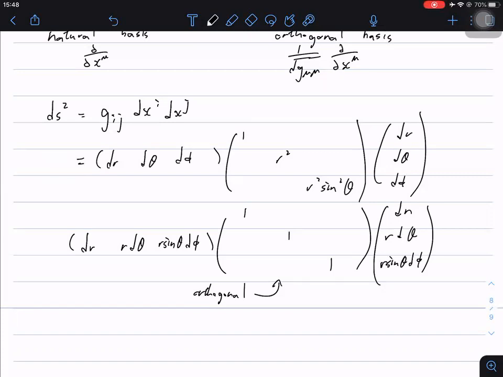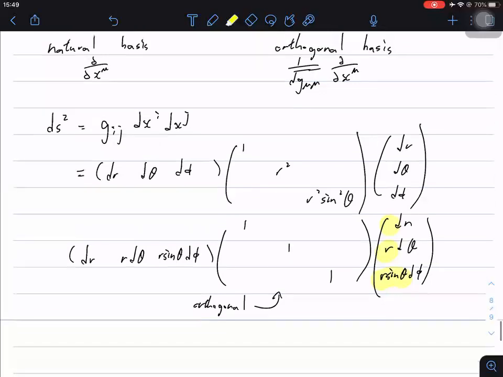And the prefactors in front, the r here and r sine theta here, G will be 111 if we are in orthogonal basis. But all the other things, all the partial derivatives, and also the Christoffel symbols, how we calculate them will be different.